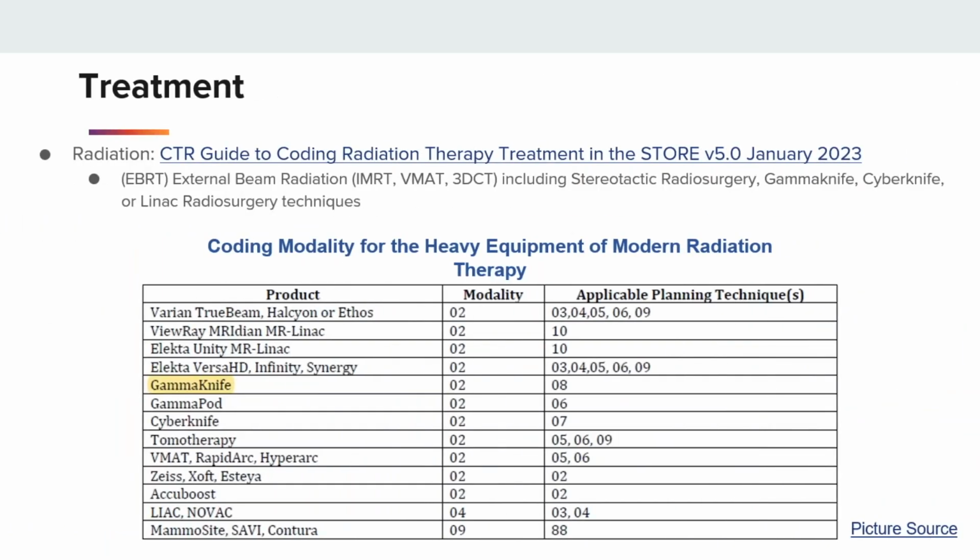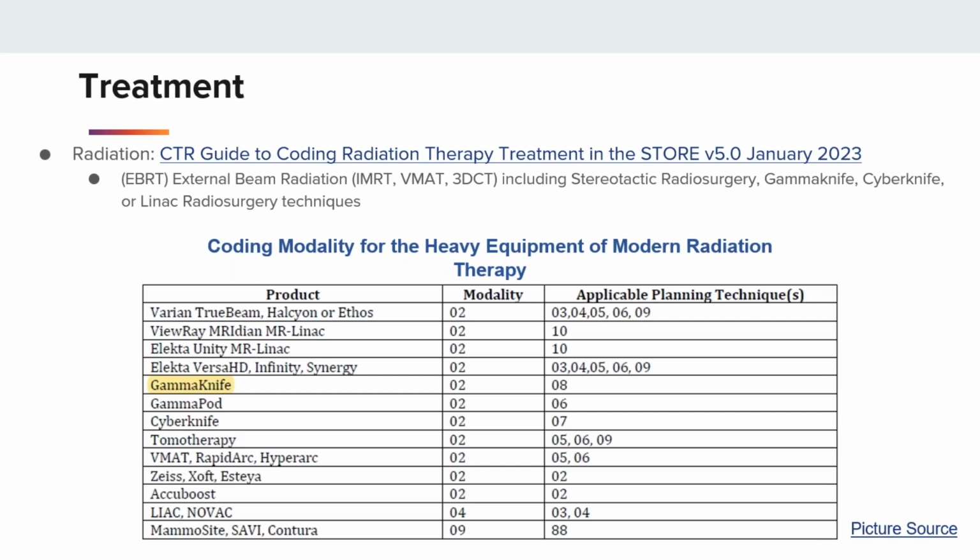We also have radiation. Radiation is usually given adjuvantly after resection, or alone if unresectable. External beam radiation is given to brain tumors, including stereotactic radiosurgery, gamma knife, CyberKnife, or LINAC, which are types of external beam radiation therapy techniques.